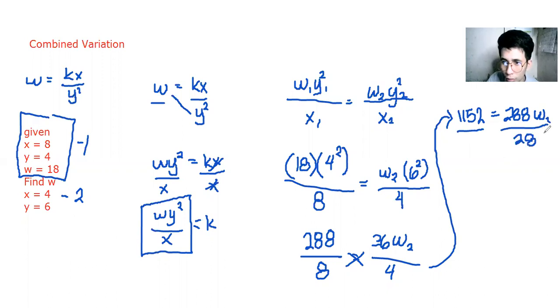Parang paulit-ulit lang tayo. Cancel si 288, cancel 288. Matitira si W sub 2. Then, 1,152 divide 288. Hula ko parang lalabas yan. 4 nga.